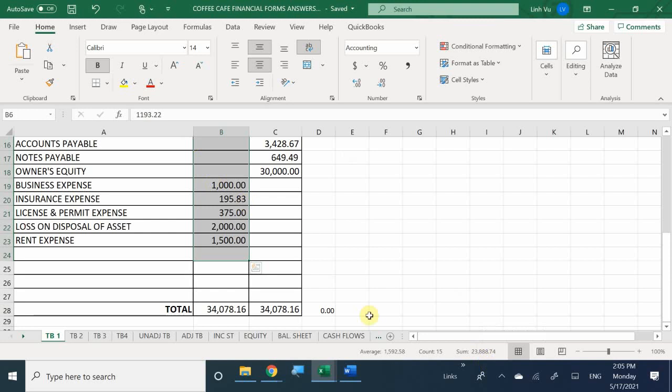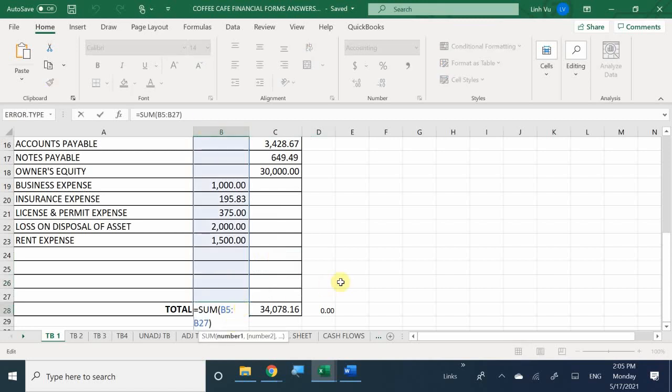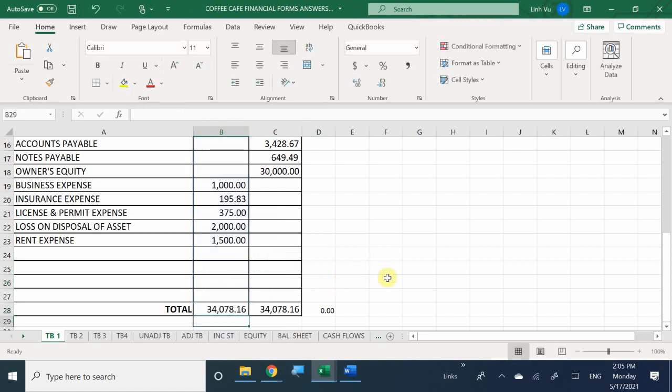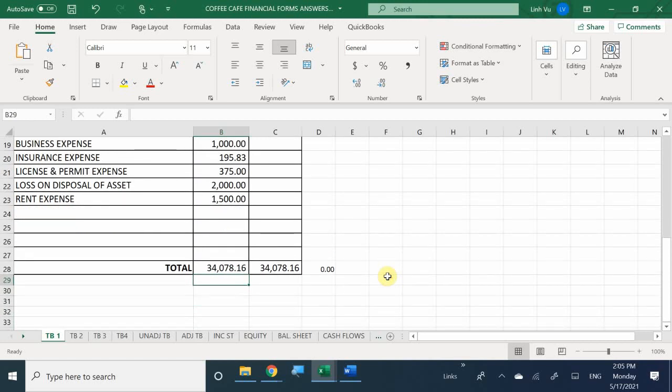So if you're not very used to using equal sum, all you have to do is equal sum, then click and highlight and enter. Whichever way you're able to compute the answer, as long as everyone matches, then we all did this correctly.